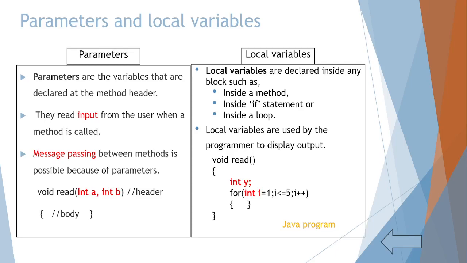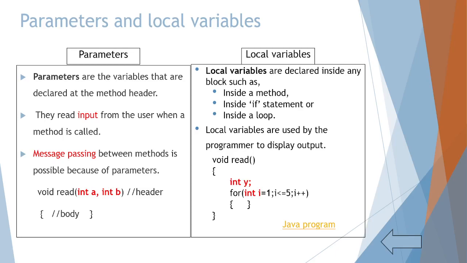Then the third type is local variable. Local variables are declared inside any block, that is inside a method, not inside the class. Inside the class means member variables. Inside a method, inside an if statement, inside a loop, which we will discuss all of them.